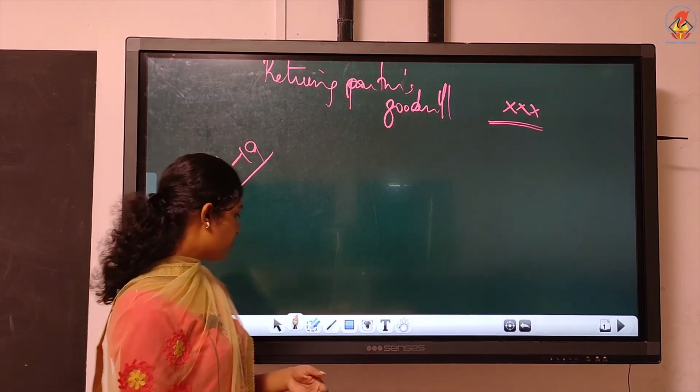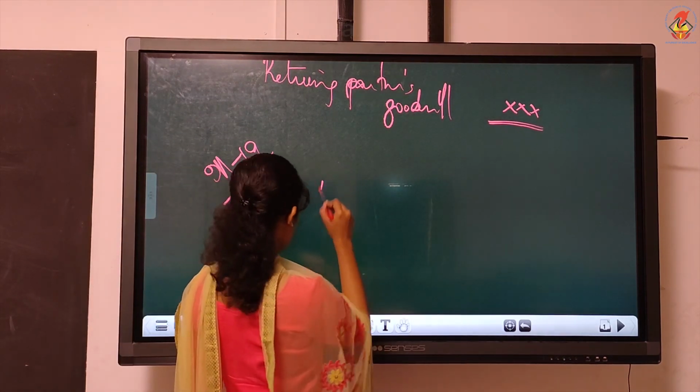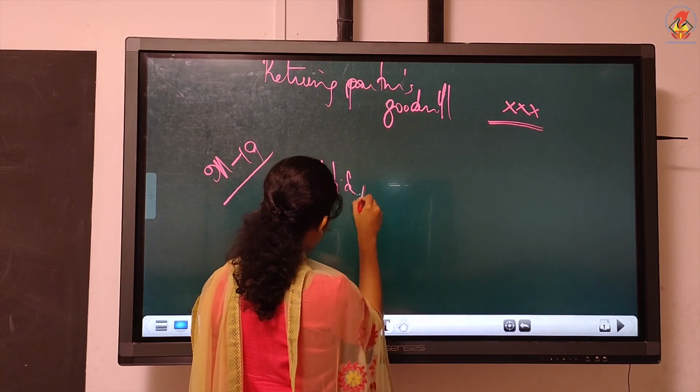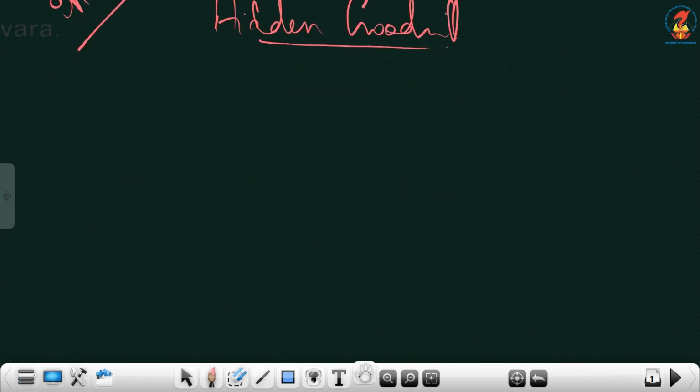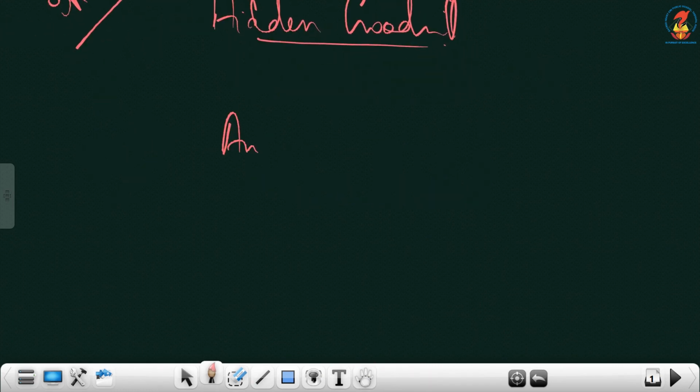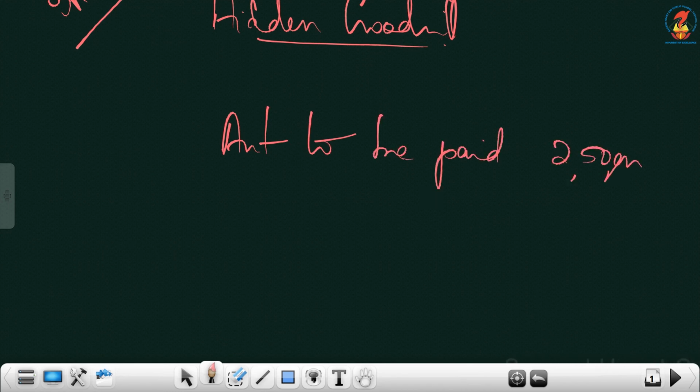Before that you need to compute the goodwill. So hidden goodwill calculation you need to do. Once again you write the formula. I'm not writing it again, but you must write it. Hidden goodwill formula. And here the amount to be paid, what's the amount to be paid? It is given here as 2,50,000. Less, who's the partner?